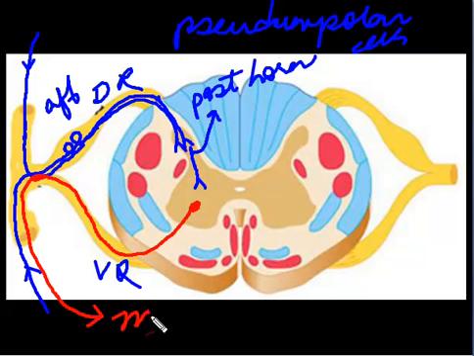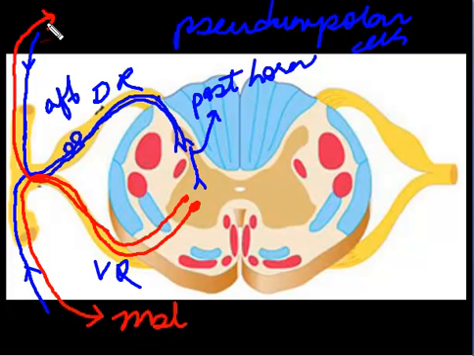So they go here and they go to muscle. If on the other hand they have to go to the muscles of the back of the body, they will again exit through the ventral root, pass in the spinal nerve, and then go in the dorsal ramus and then go towards the back of the body. So you can see that these are efferent impulses which will go to skeletal muscles here.